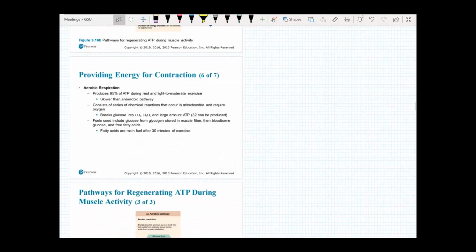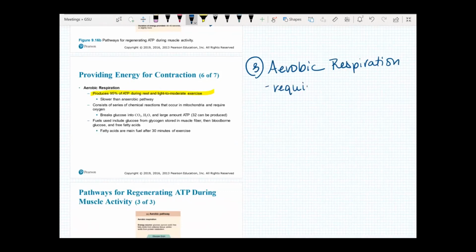Now what happens if we use the process of aerobic respiration? This is the third. We're still going to use glucose because that's the branch that we're in. It will start with that, and it will actually produce 95% of ATP during our normal everyday exercise. It does this because it does require O2. 95% of our ATP is formed this way.